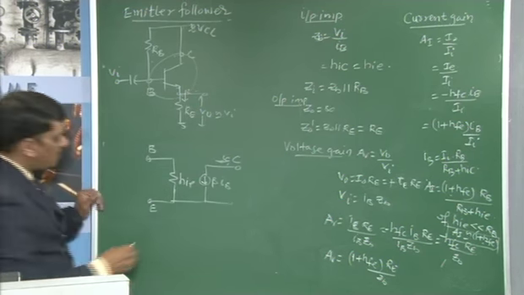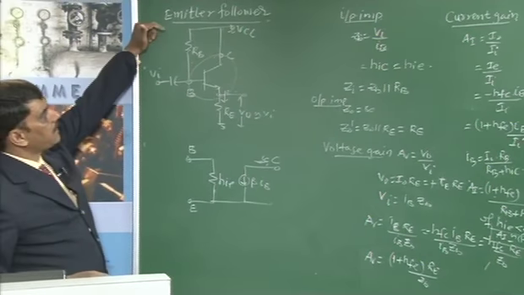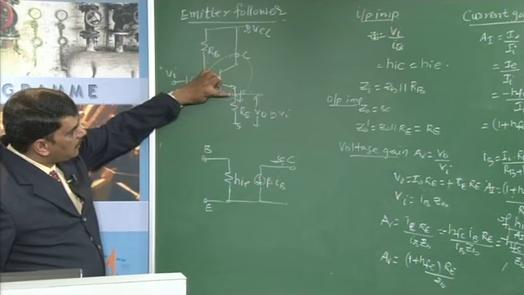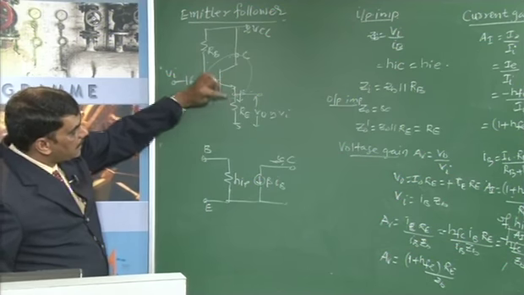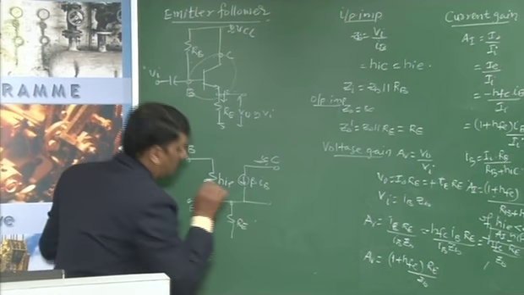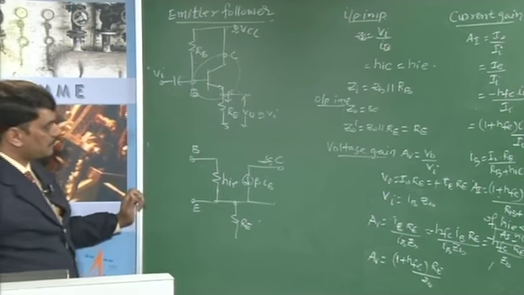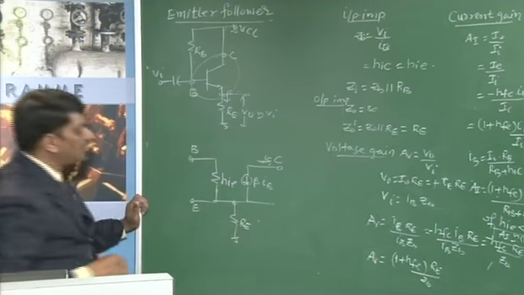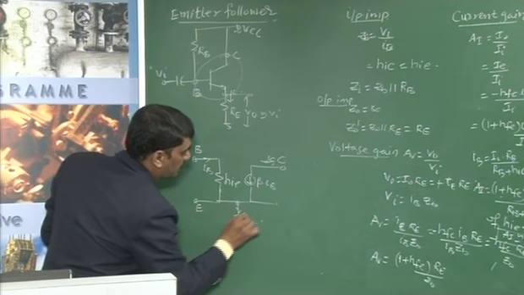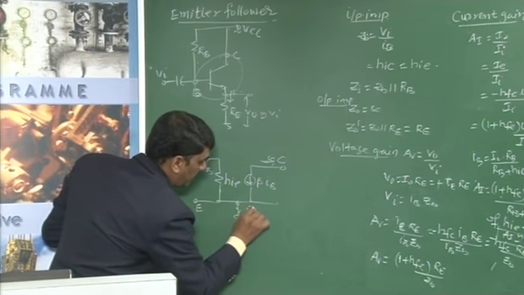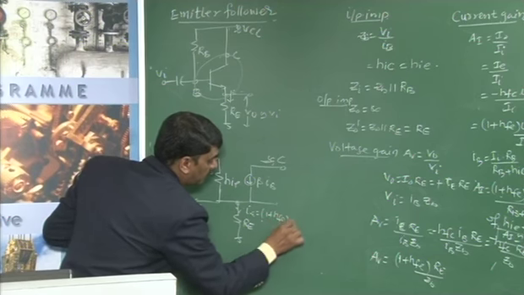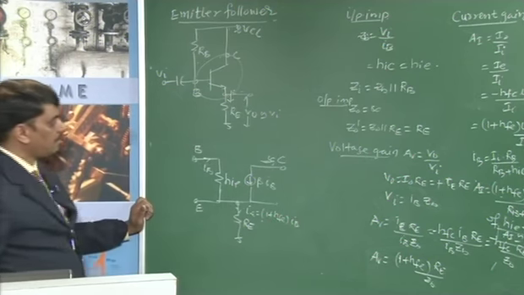Using this common emitter amplifier, if you are transferring the external components, the emitter, instead of connecting to ground, has RE connected between the emitter and ground. You have to first transfer this resistance RE. The current flowing through this is IB and the current flowing through this is IE, which is equal to 1 plus HFE times IB.